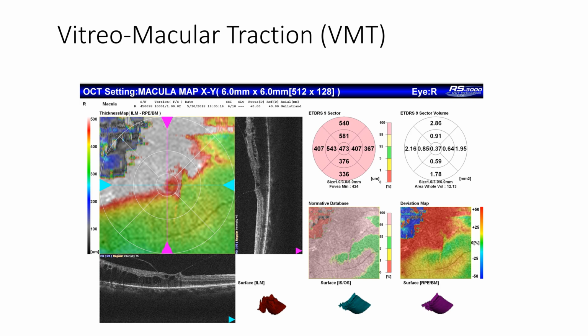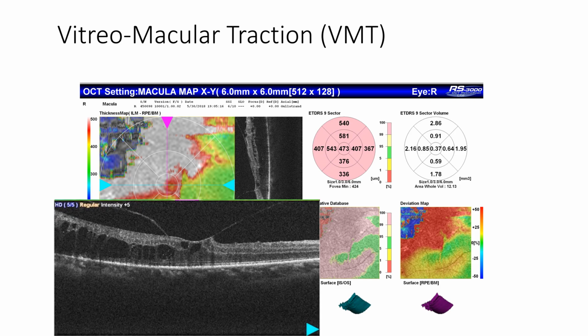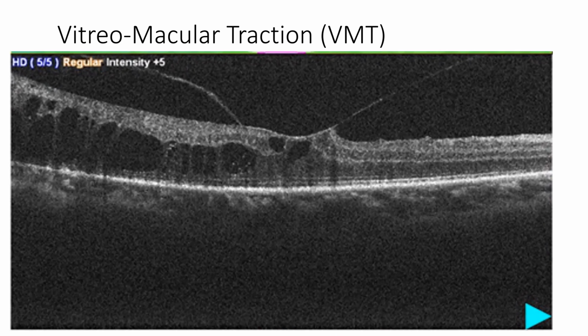When these tractions or adhesions start pulling the retina up, they start distorting the retina and causing either tissue edema or separation of the layers. So here we have vitreomacular traction. Here we can see the point of junction of this traction, and this looks like the flagella of a cockroach.